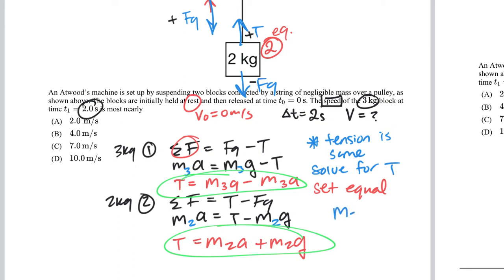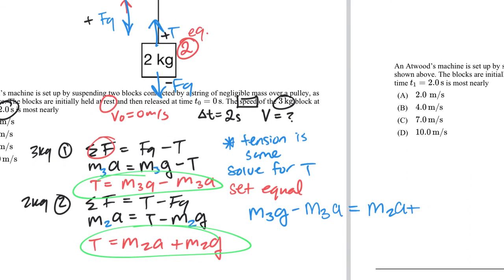This is the long way to do it, but you can definitely just memorize this equation. Sometimes you have to show how you got this equation. You can't just write it down. Okay, so I'm just setting them equal to each other, m2a plus m2g.